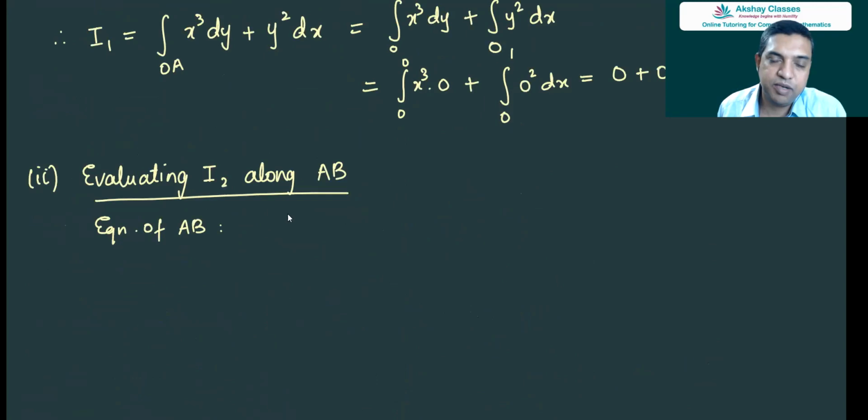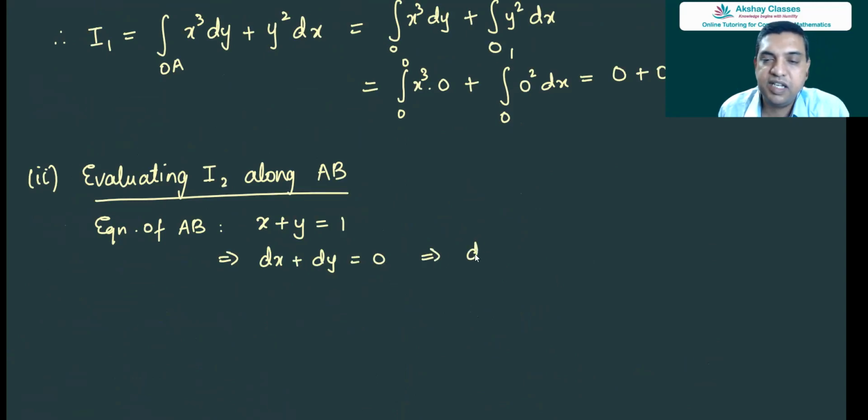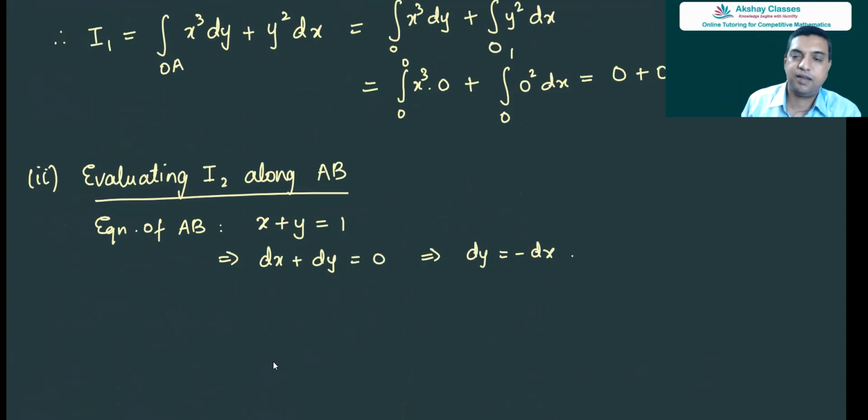So x by 1 plus y by 1 equal to 1. So the equation of AB is x plus y equal to 1. Now this gives dx plus dy is equal to 0, which means dy is equal to minus dx. This we can use.